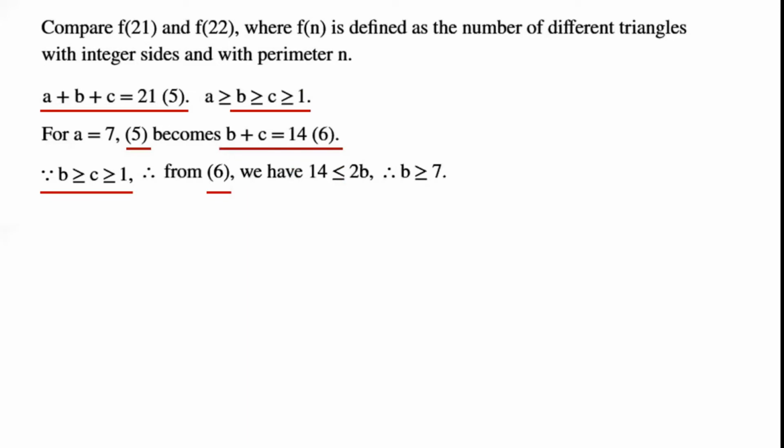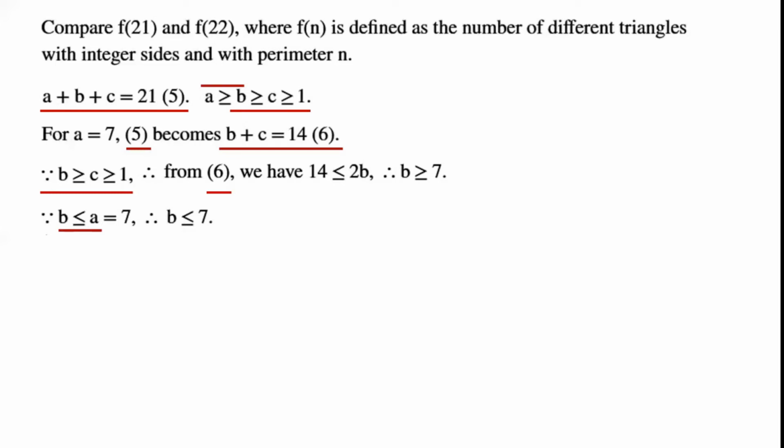So from equation 6, we have 14 ≤ 2b, so b ≥ 7. Because b ≤ a = 7, b ≤ 7.